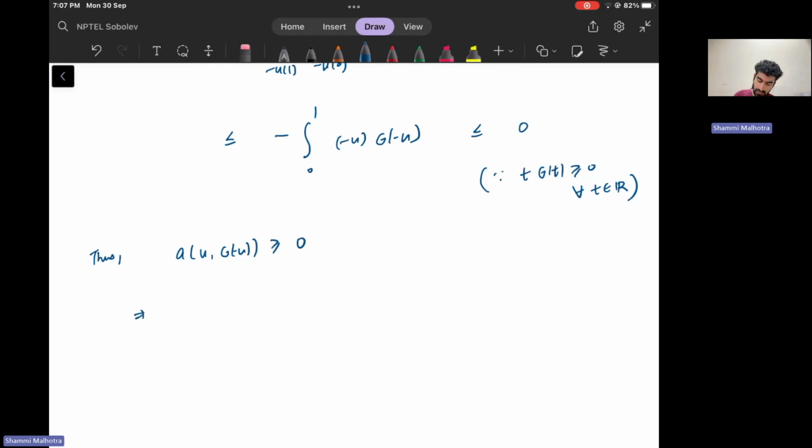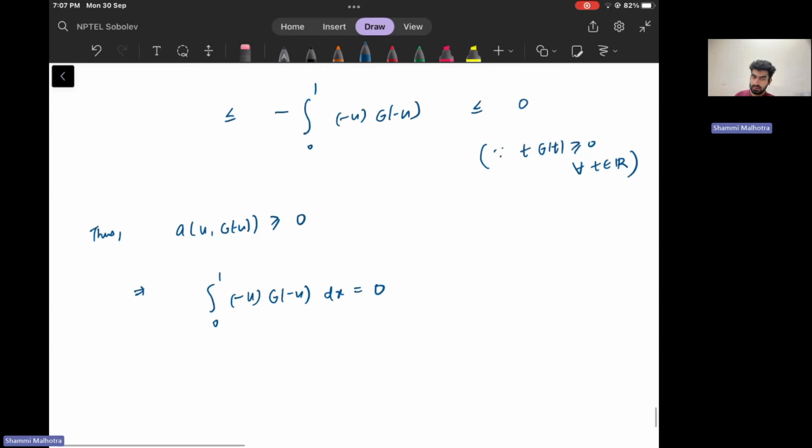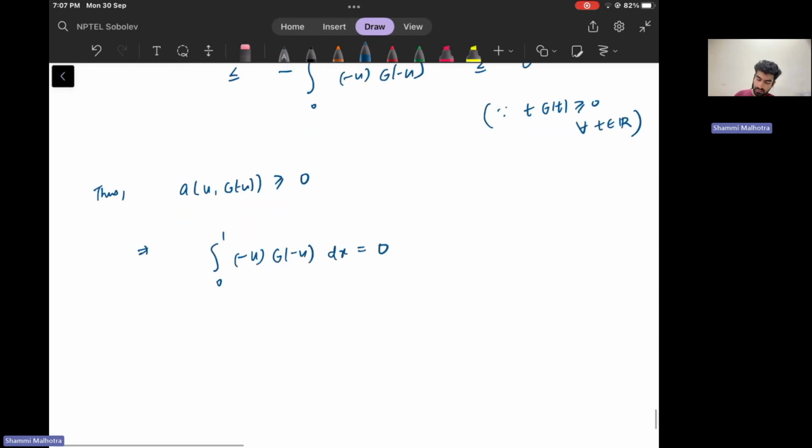So this actually implies integration 0 to 1 of minus u times G of minus u dx is 0 only. But as this thing is there, this implies minus u times G of minus u has to be 0 almost everywhere.